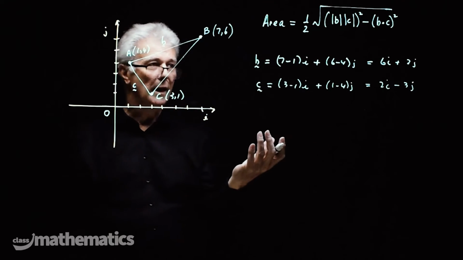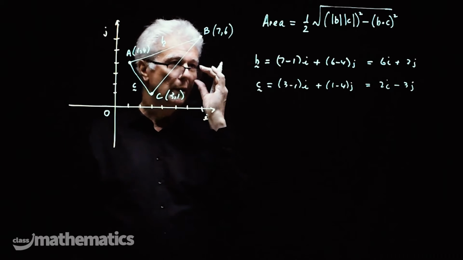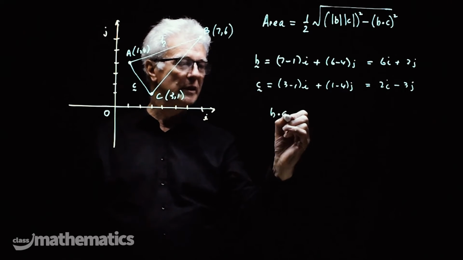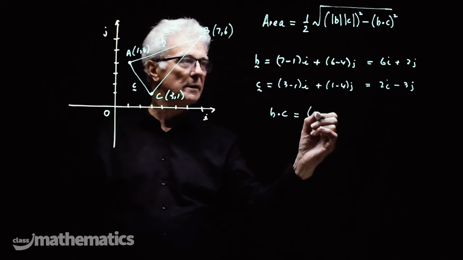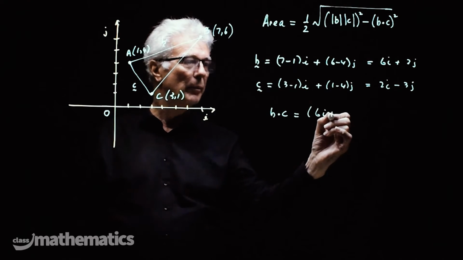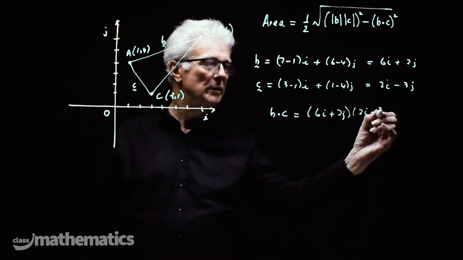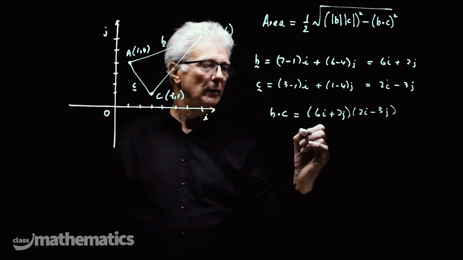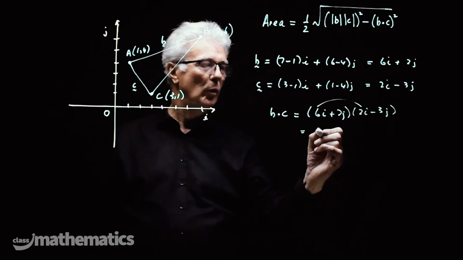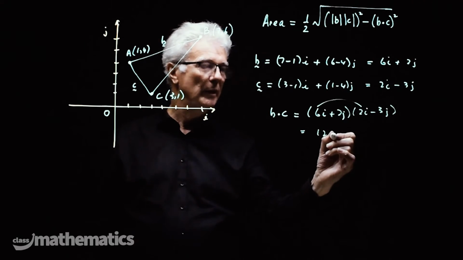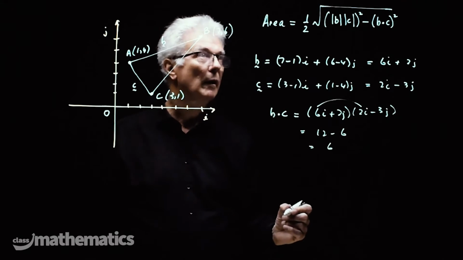Now all that remains now is to put it into the formula. So first of all, we need what the scalar product is. So it's going to be 6i plus 2j times 2i minus 3j. And that's going to give me 12, and 2 times minus 3 is minus 6, which gives me 6.